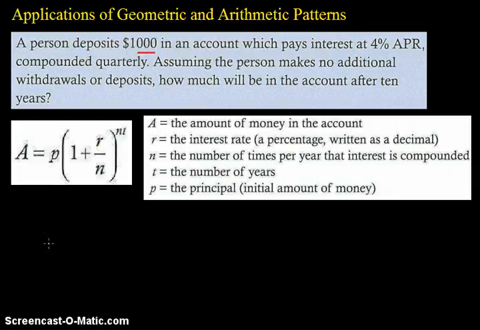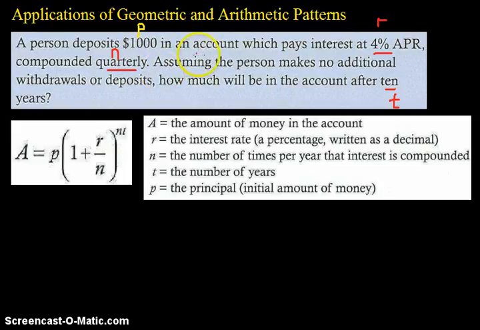The account has an annual interest of 4%, and this would be my R. It is compounded quarterly, that's my N. Assuming the person makes no additional withdrawals or deposits, how much would the account be after 10 years? After 10 years, so this is my T.